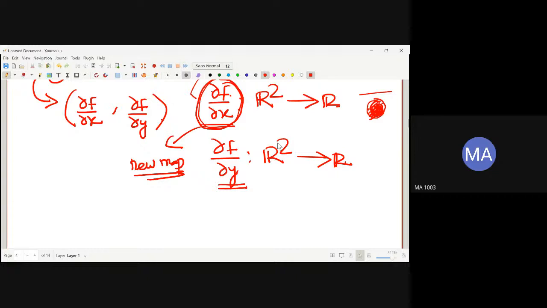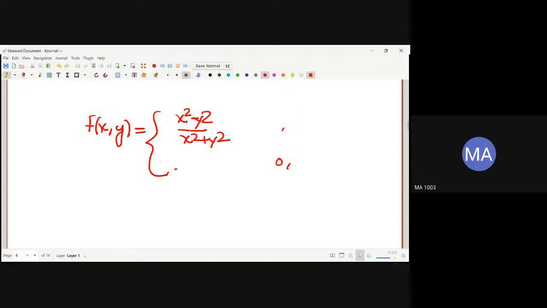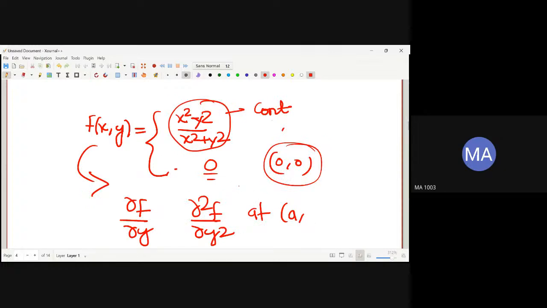For example, if I define a piecewise function: x squared y squared divided by x squared plus y squared if (x, y) is not equal to (0, 0), and 0 at the origin. The problematic part is the origin, because at any point apart from (0, 0), the function is continuous and the derivative is also continuous. Whichever derivative you take, df/dy, even the second-order ones, it is always continuous around the point (a, b) if (a, b) is not equal to (0, 0).